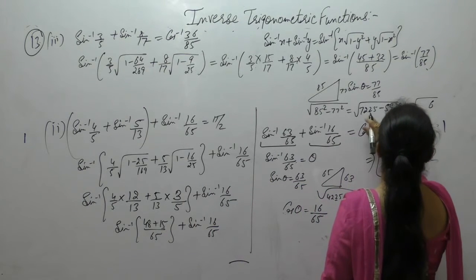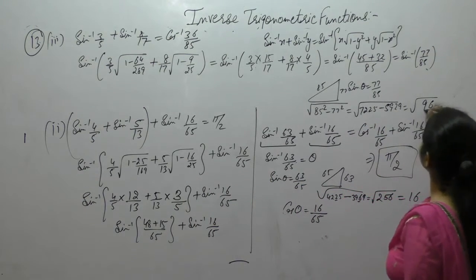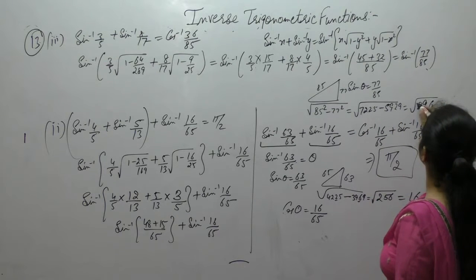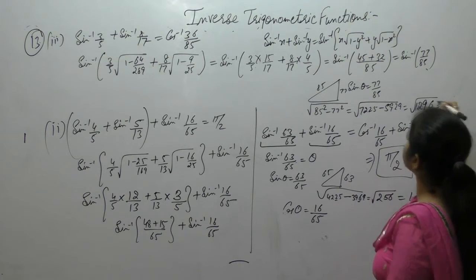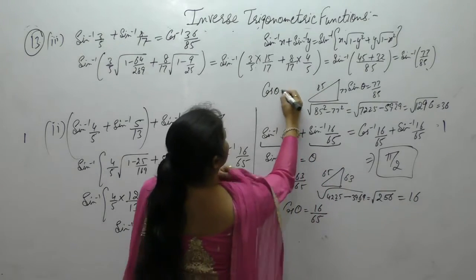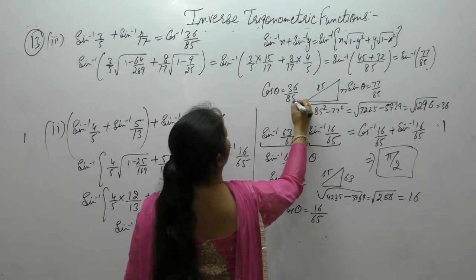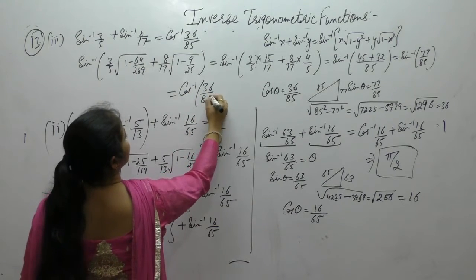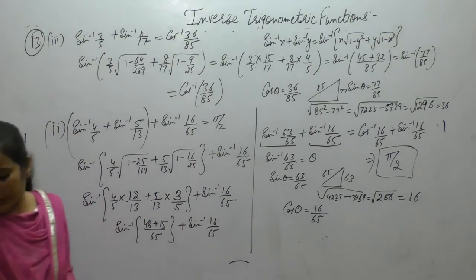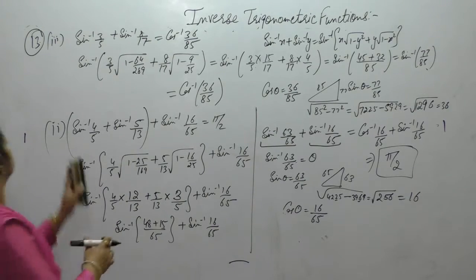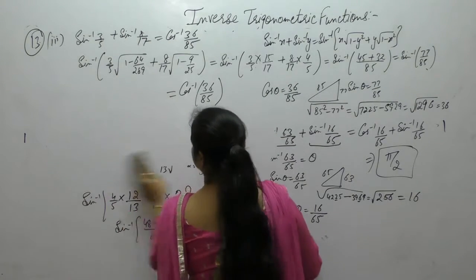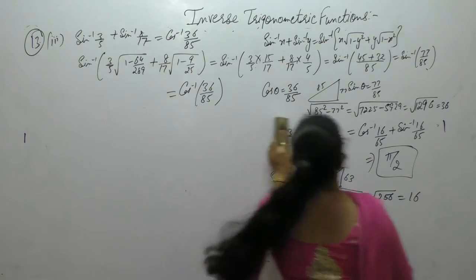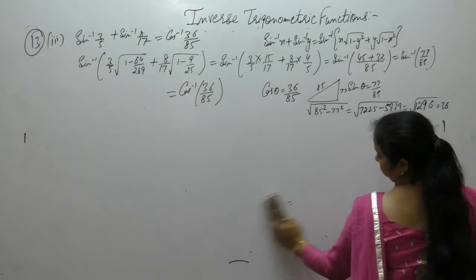That gives 36. So we get cos theta as base upon hypotenuse. So we get theta as cos inverse 36 by 85. Note it down.